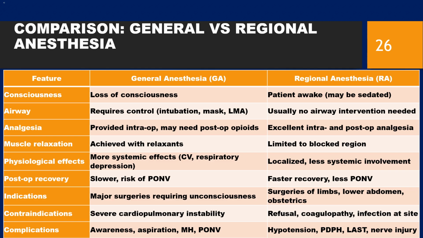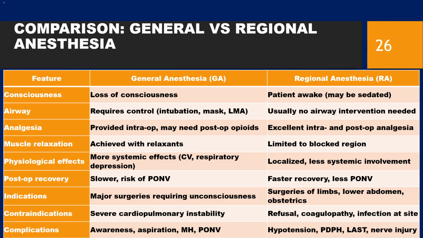Airway management. 1. General anesthesia (GA) requires airway control through intubation, mask ventilation, or laryngeal mask airway (LMA) to ensure adequate oxygenation and ventilation. 2. Regional anesthesia (RA) usually does not require airway intervention, as patients maintain control of their own airway.